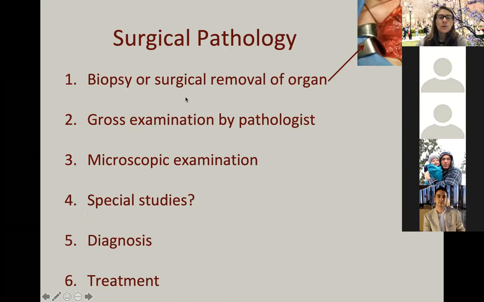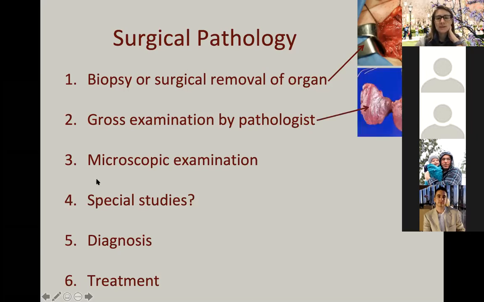All right. So of course, for surgical pathology, I'm a surgical pathologist. My subspecialties are head and neck and bone and soft tissue. So I work very closely with otolaryngology, with orthopedic surgery, of course, with you guys during tumor boards, et cetera. And so we receive tissue either from biopsy or surgical removal.